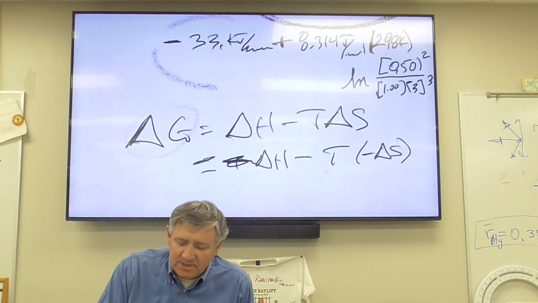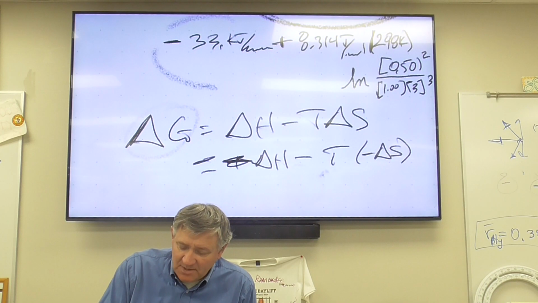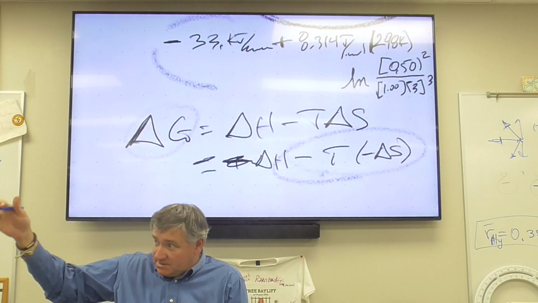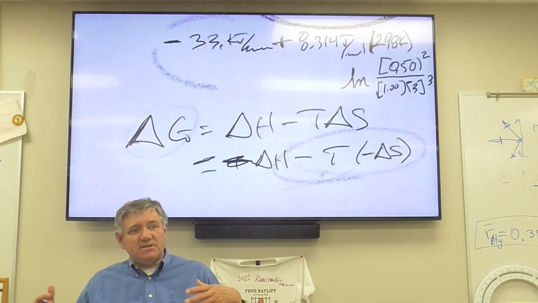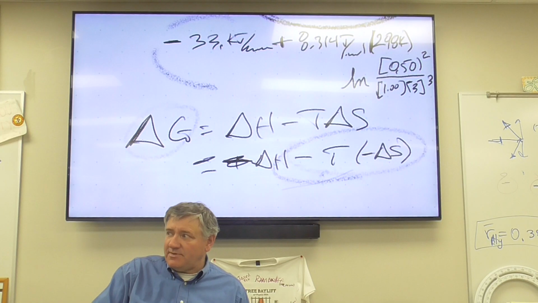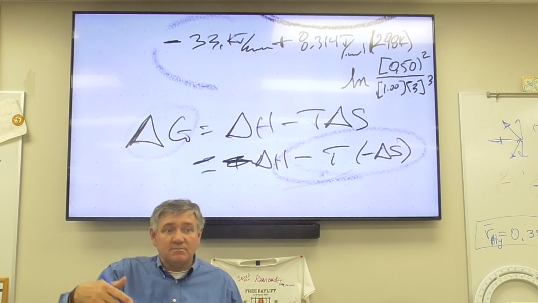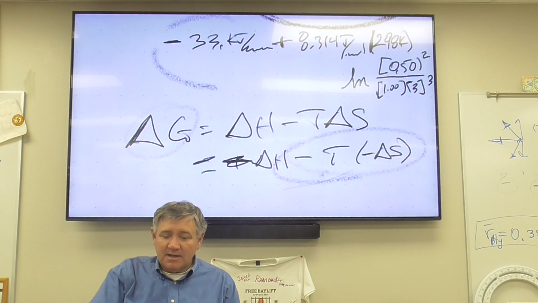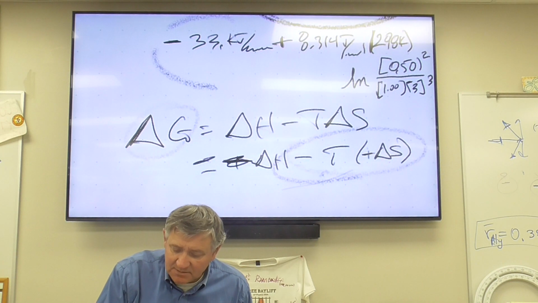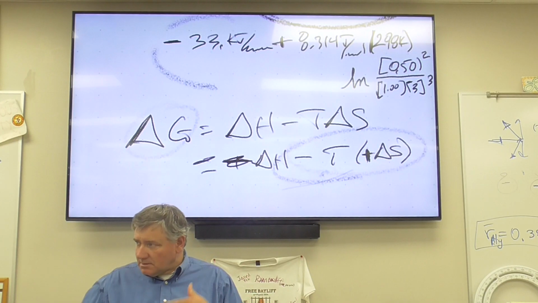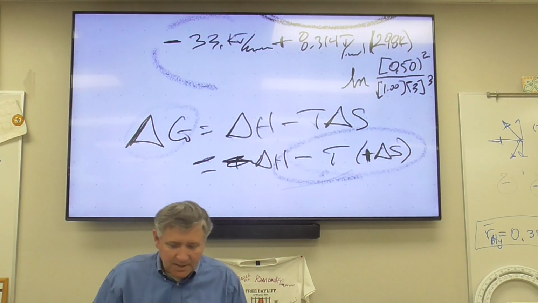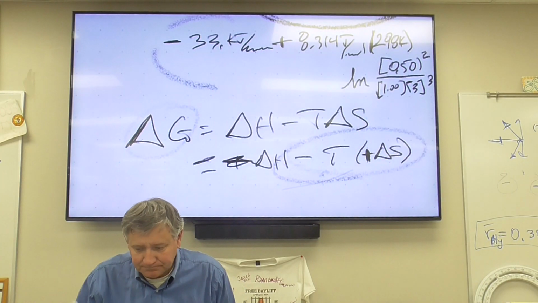So in this situation, because you're in effect adding that T delta S term, the delta G is going to be less negative than the negative delta H term because that gets added. If that had been a positive delta S, then you would say the delta G term is more negative than that. Okay.